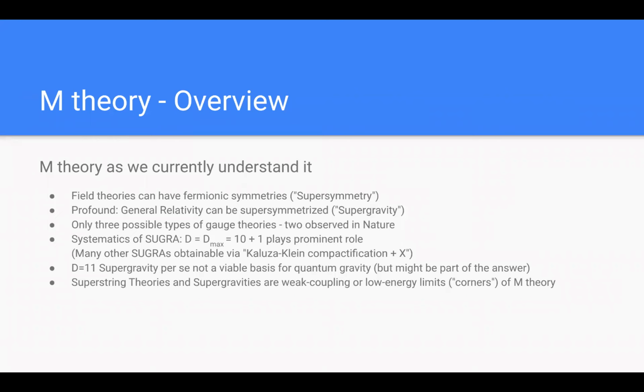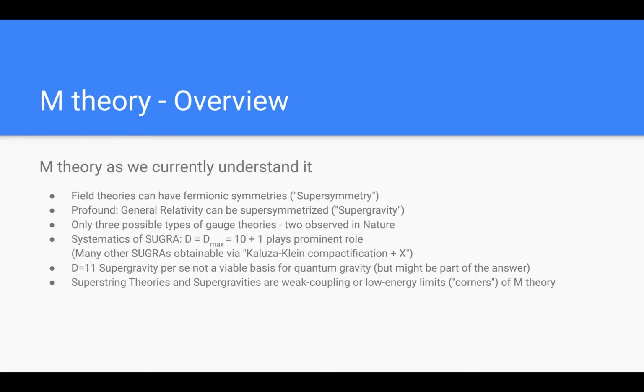So 11-dimensional supergravity is almost like a mother theory for supergravity. However, we do know since about 2 decades that per se it's not a viable basis for quantum gravity. It might well be part of the answer, but in itself it cannot work.